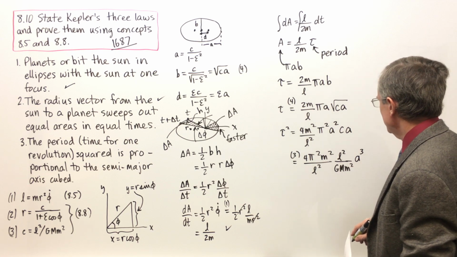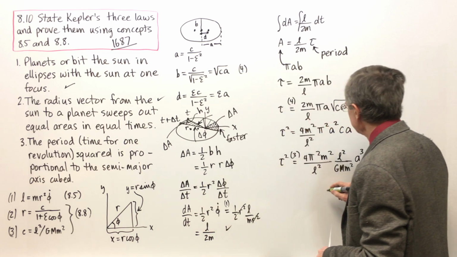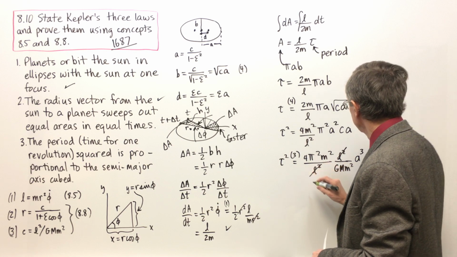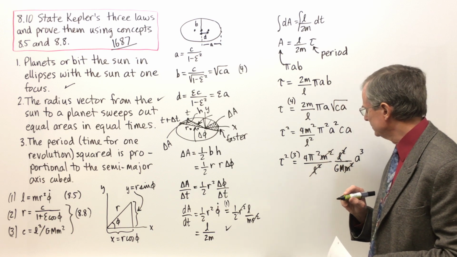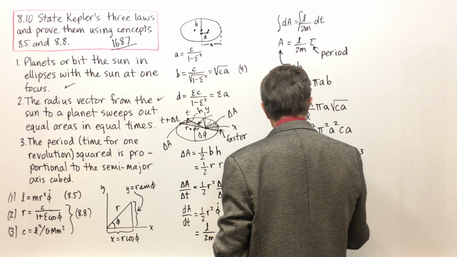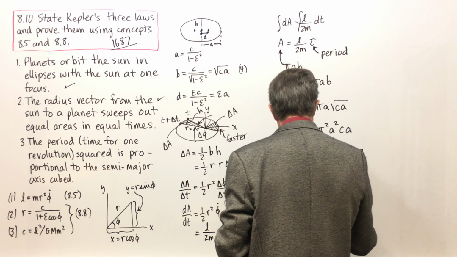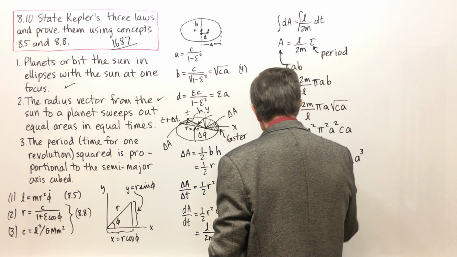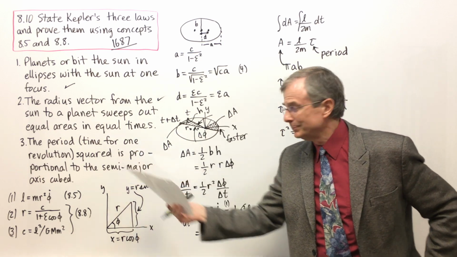Now notice what happens here. This is amazing. I got an L squared numerator and denominator. They cancel. I got an M squared numerator and denominator. They cancel. And we're left with, and that, my friends, is Kepler's third law.